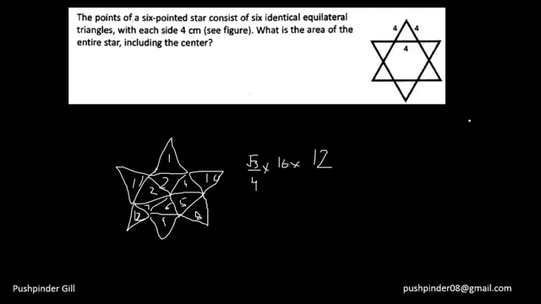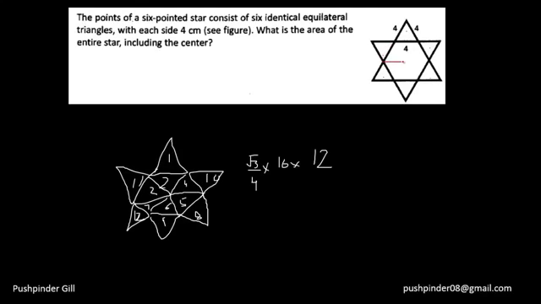Now the 6-pointed star consists of 6 identical equilateral triangles. I'm going to show you on that figure as well. So this triangle and this triangle and this triangle and this triangle and this triangle and this triangle, these 6 triangles, 1, 2, 3, 4, 5, 6, have equal area.